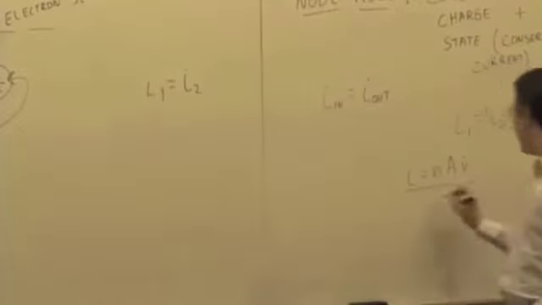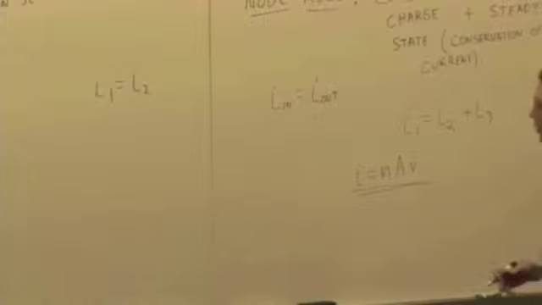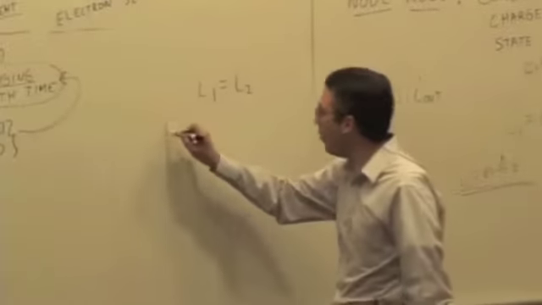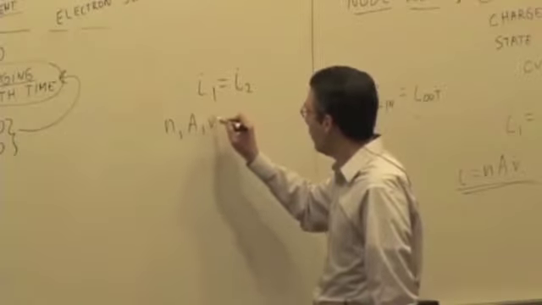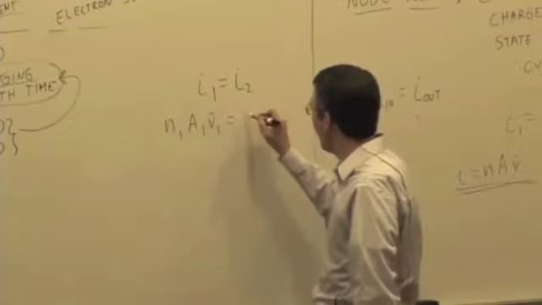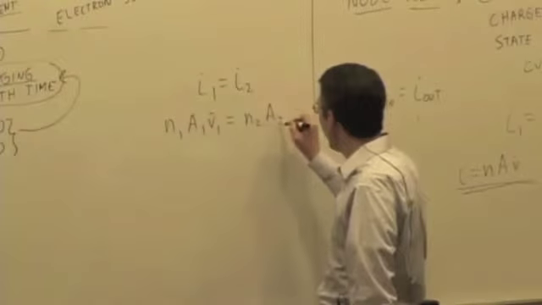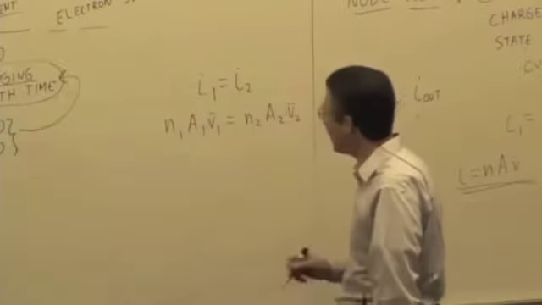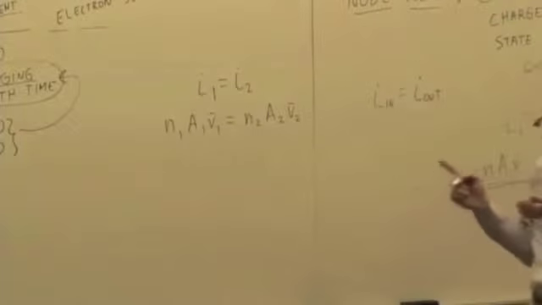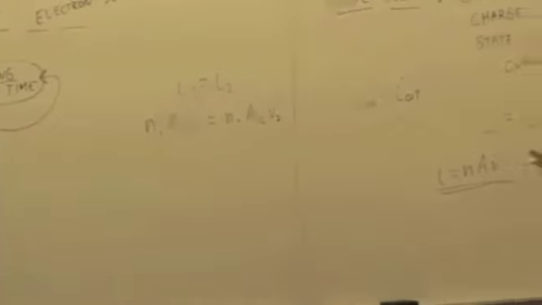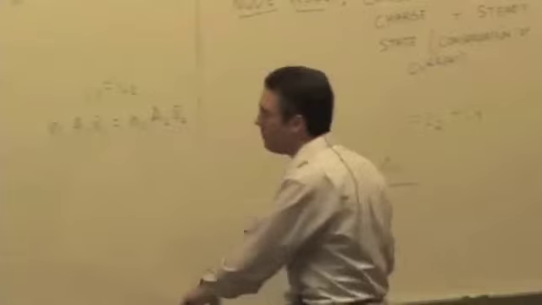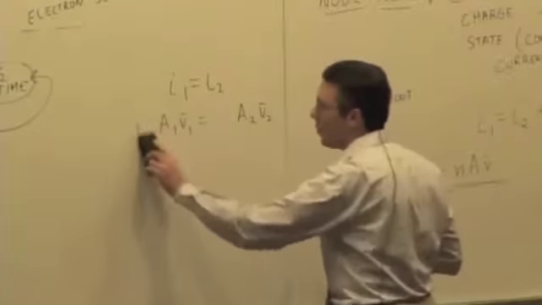Plug in our relationship between electron current and the drift speed, and we have N1 A1 V1 is equal to N2 A2 V2, right? And the electron densities are the same, right, if it's the same material.